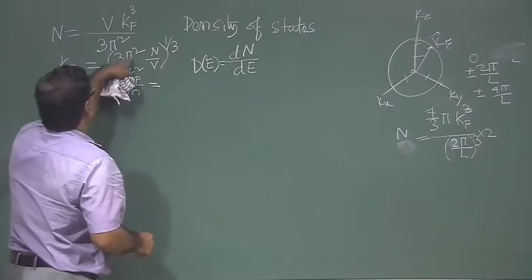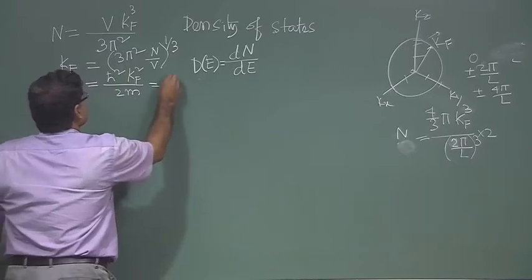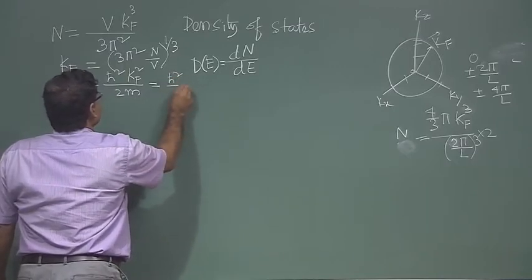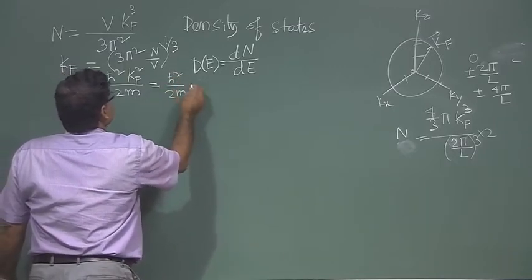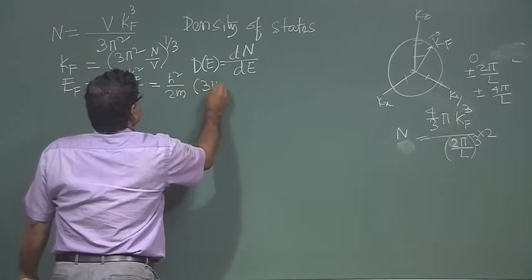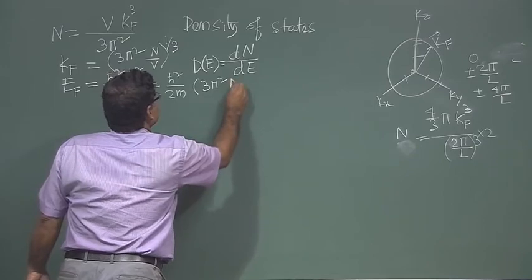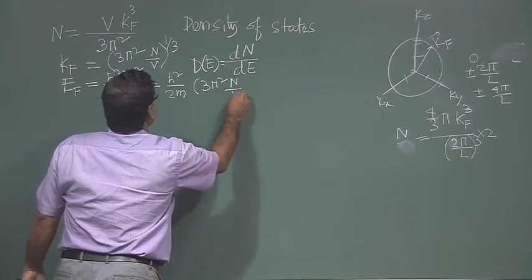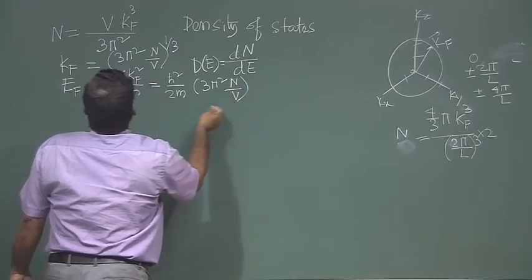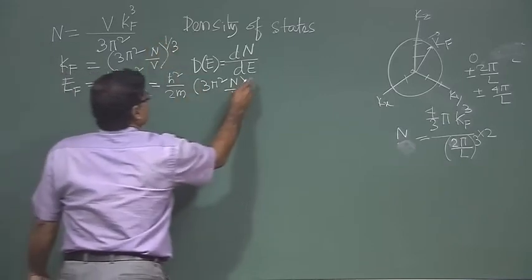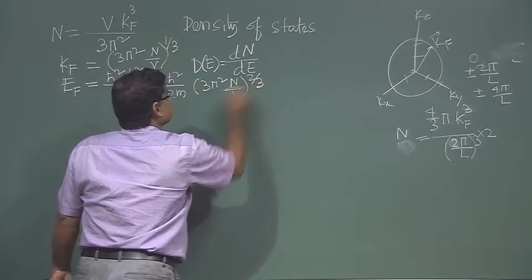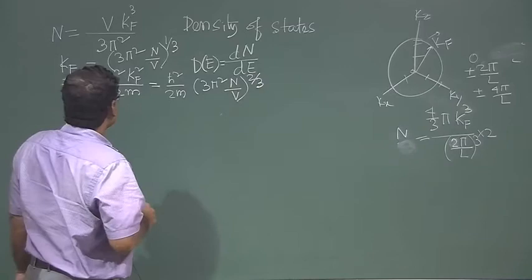So, kf square you know, so it will be h cross square by 2m, 3 pi square n by v, then it is square, so 2/3. Okay.